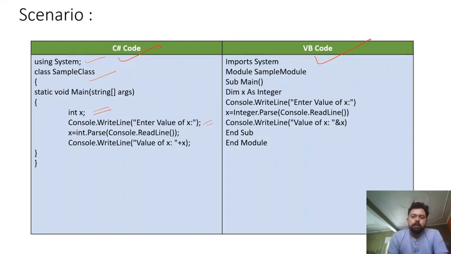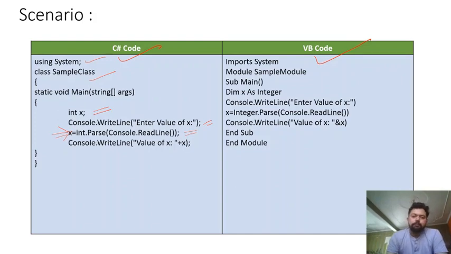The user types a value from the keyboard and we take that value from the user with Console.ReadLine, where Console is the class and ReadLine is the method for taking the value from the user.